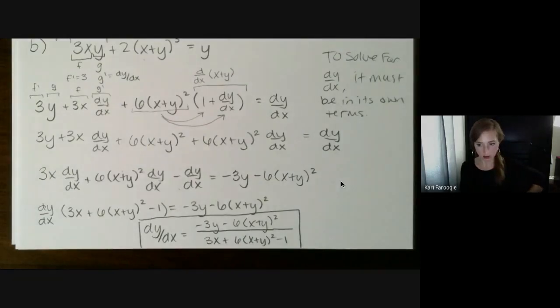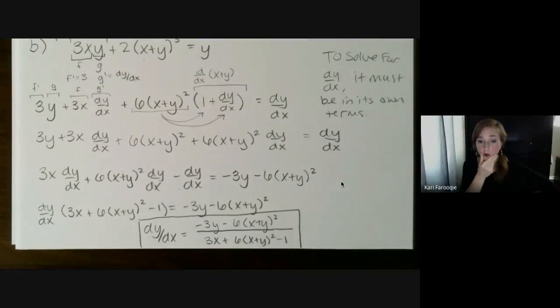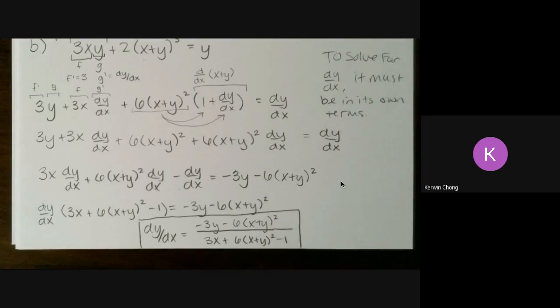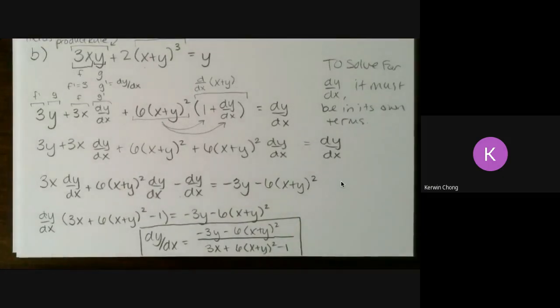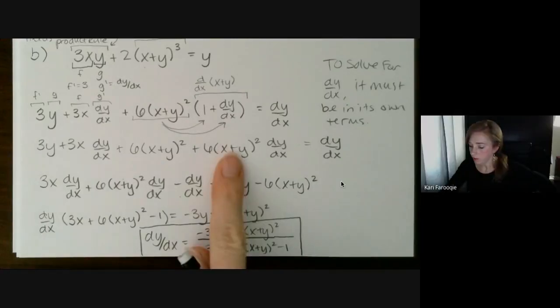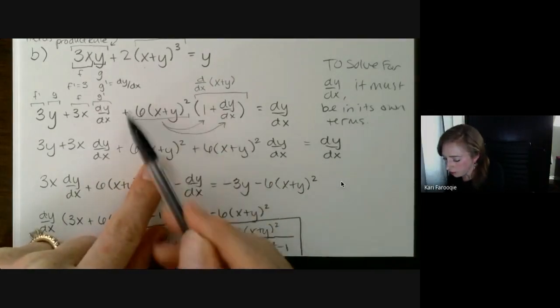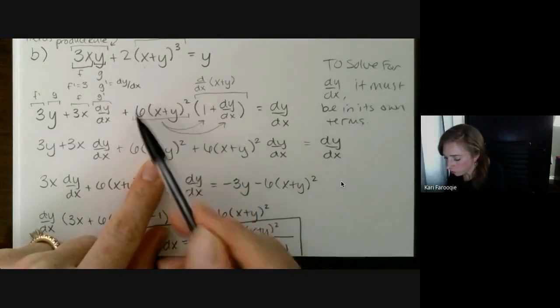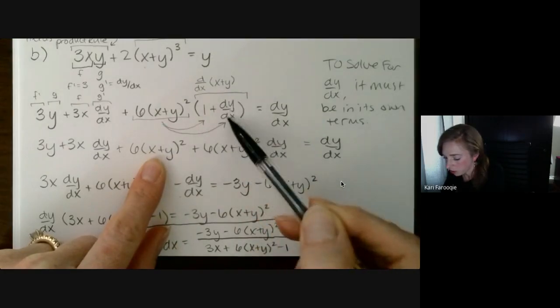All right, are there questions here? Yeah, I had a question on the second step. How did you get the second 6 times x plus y squared? Okay, so this came from, I had this quantity, 6 times x plus y squared, and it was getting multiplied by this binomial, 1 plus dy dx.